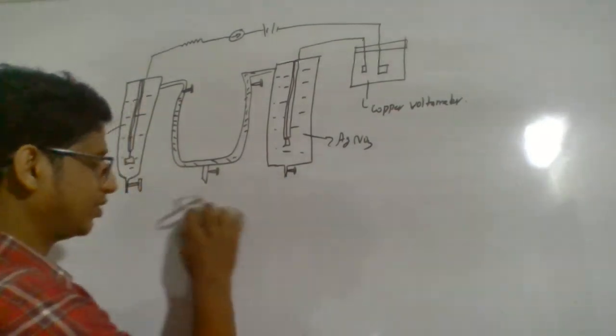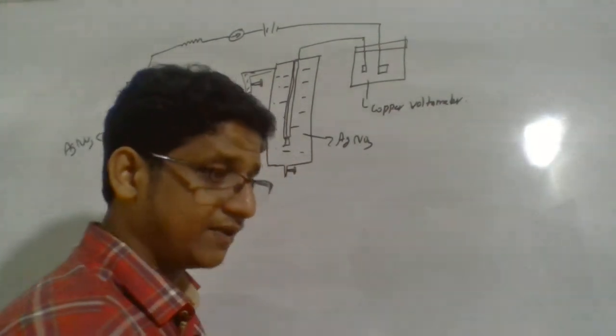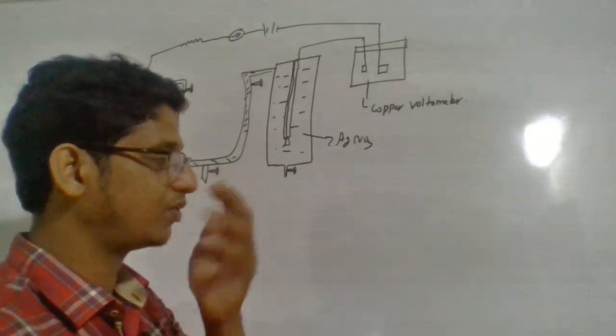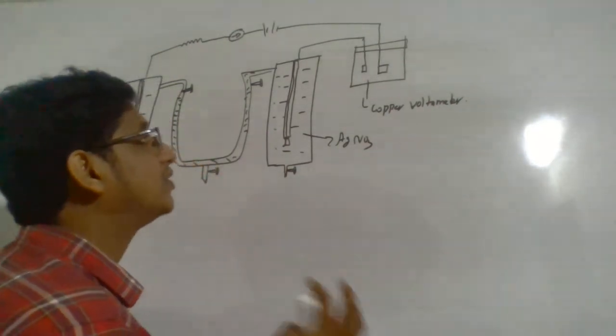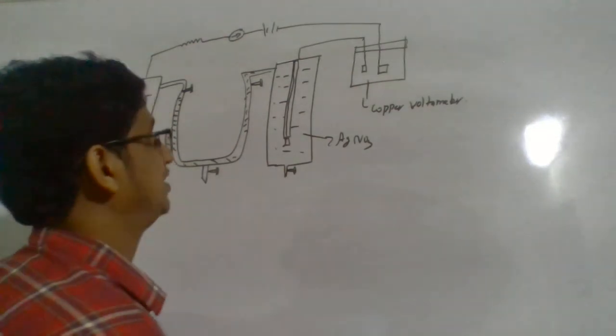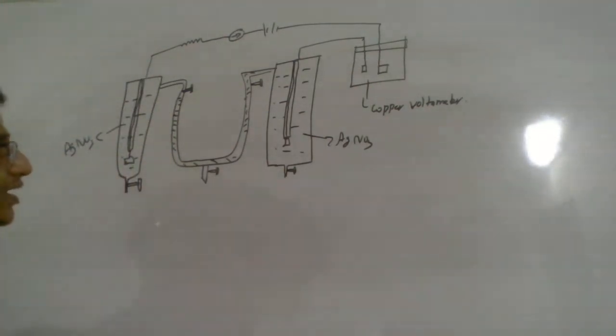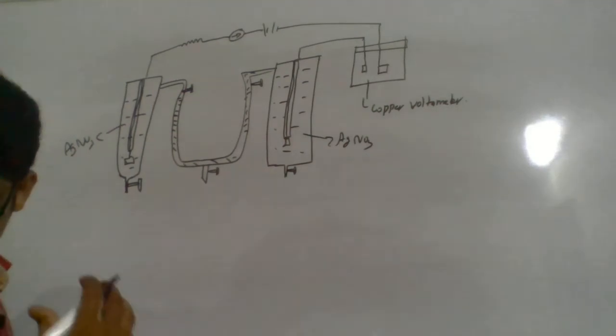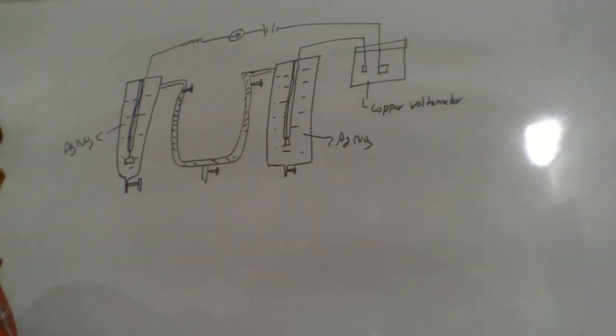For the transport number, using this particular point, what is the fall in concentration around the anode, and what is the fall in concentration around the cathode? That part is what we are mainly focusing on here. So for the anode, let us go through the points.